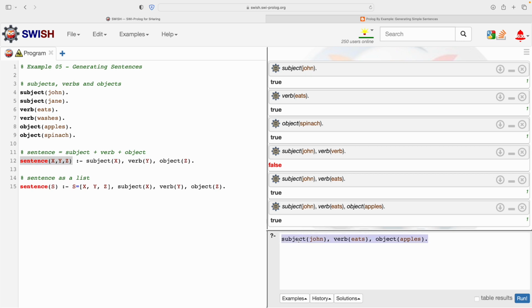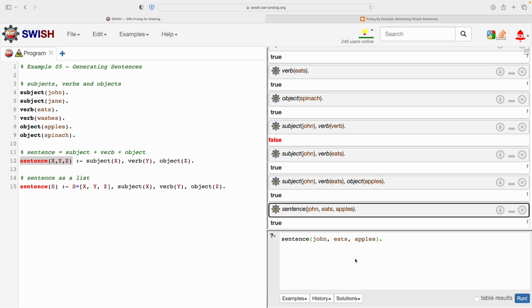So we can say sentence X, Y, Z, and we're going to ask if John, as the first, they're called parameters, bits of information that are passed to it, John eats apples. Is that a sentence? So let's run that, and it's true.